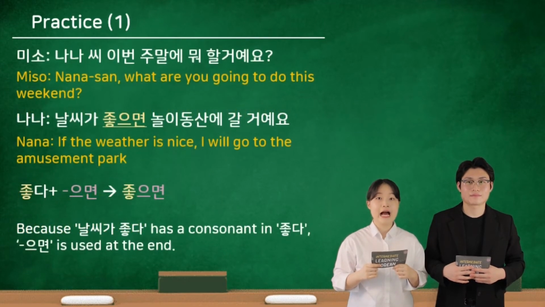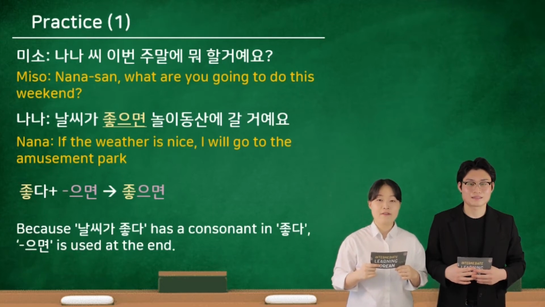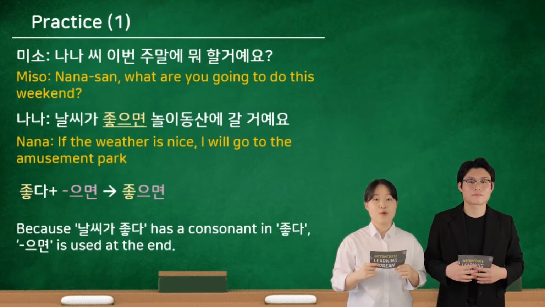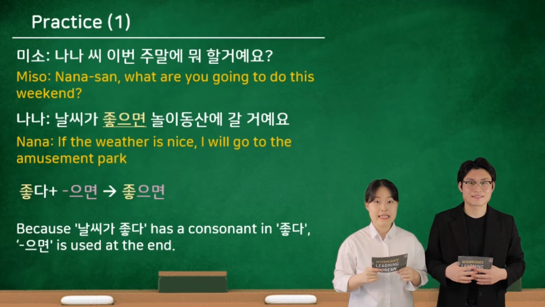In this case, 당첨되다 doesn't have a final consonant, so 당첨되다 and 면 are combined to become 당첨되면. Through example sentences, I can understand exactly how 으면 and 면 are used when there is a consonant and when there is no consonant.